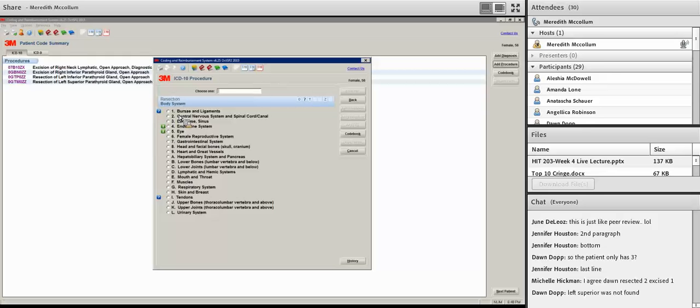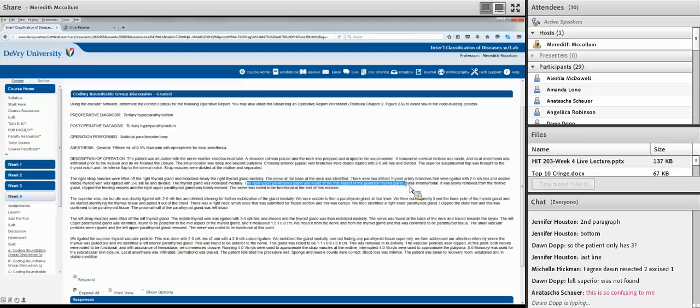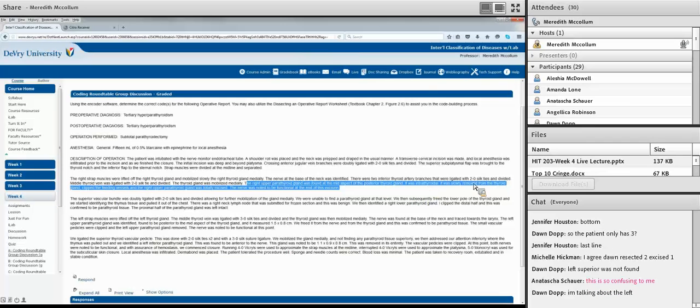Yeah, here's the posterior, let's see, the right upper parathyroid gland was found at the mid aspect of the posterior thyroid, and then it was slowly removed from the thyroid gland, vessel and blah, blah, blah, blah. Oh, you were talking about the left. Hold on. They did find the right upper, left, the left superior.